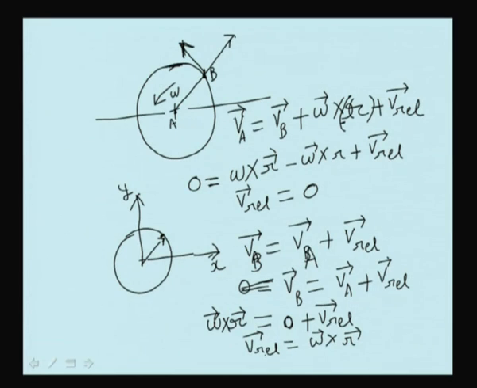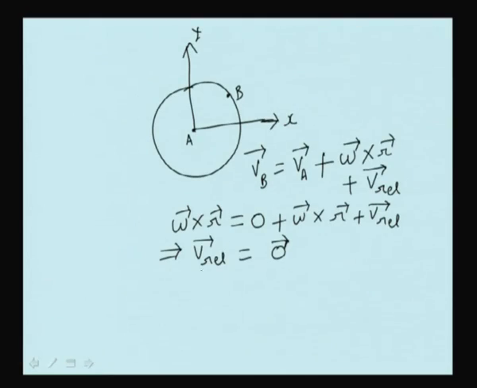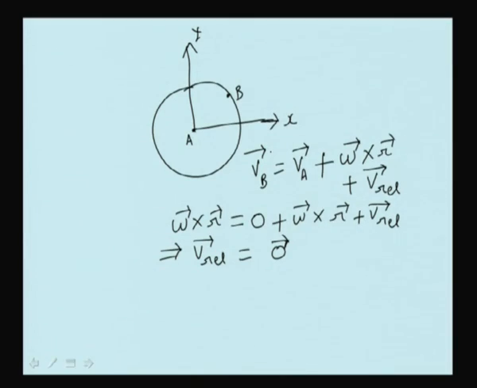In that case, VL came out to be omega cross R. If the axis system is also rotating with the disk, then VL comes out to be 0, which is inconsistent with our intuitive reasoning. As the axis system is rotating, it always follows particle B and thus is not able to know the difference in the position.